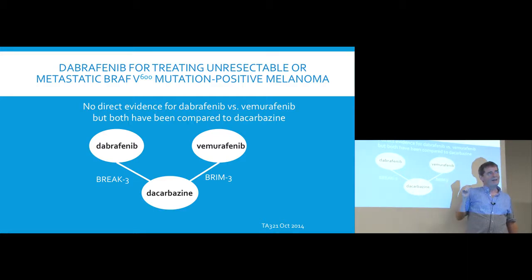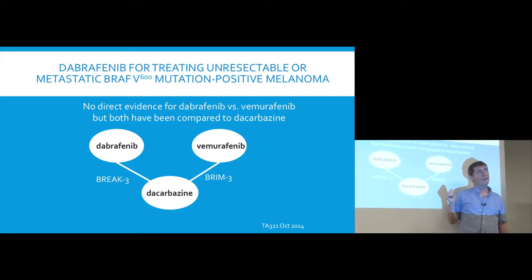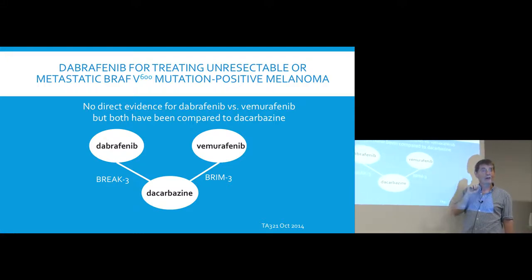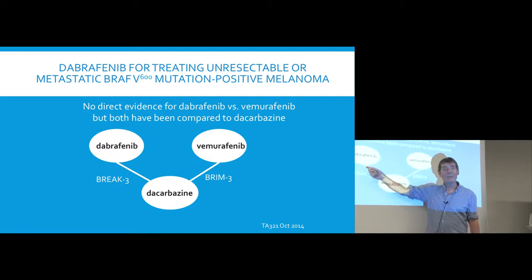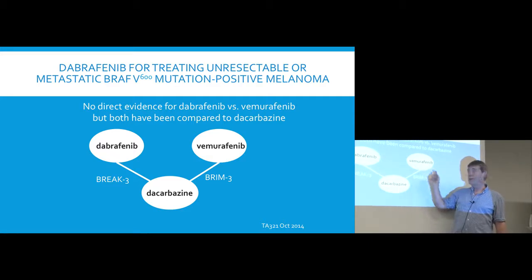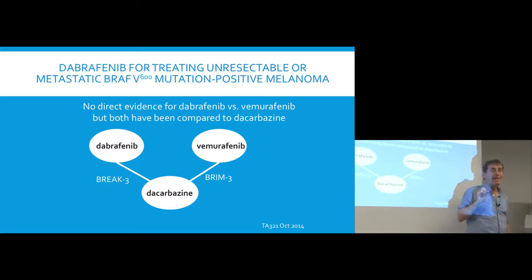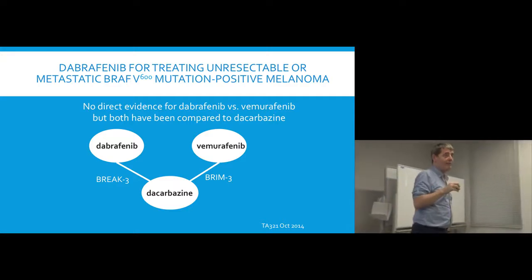Now, it may not be a great example because for metastatic melanoma, gender may not be important. But suppose gender was a prognostic factor. What you could do is reweight your individual data so that instead of a third female, two thirds male, it's 50-50. So your data then has the same characteristic as the BRIM3 trial. And that's a matching adjusted indirect comparison.